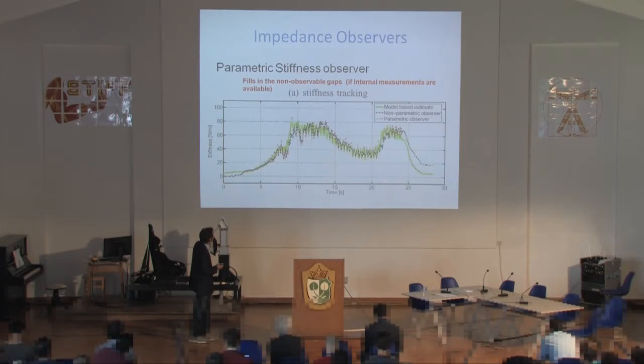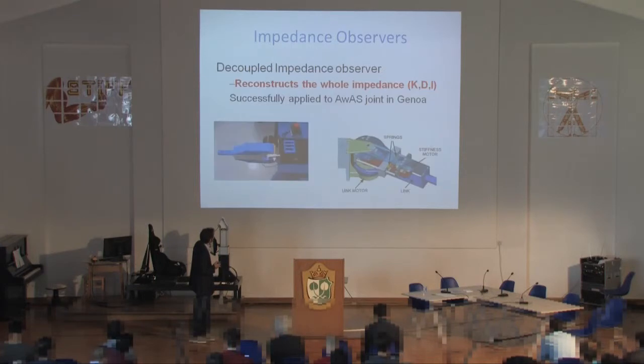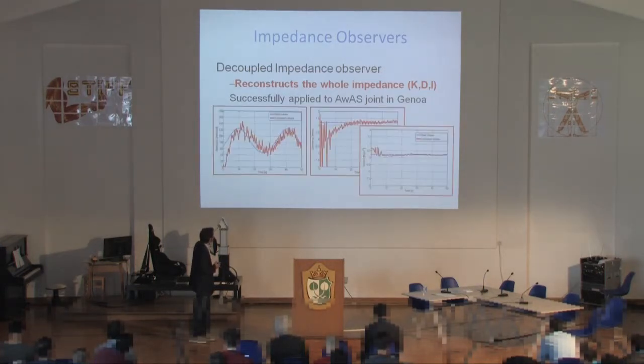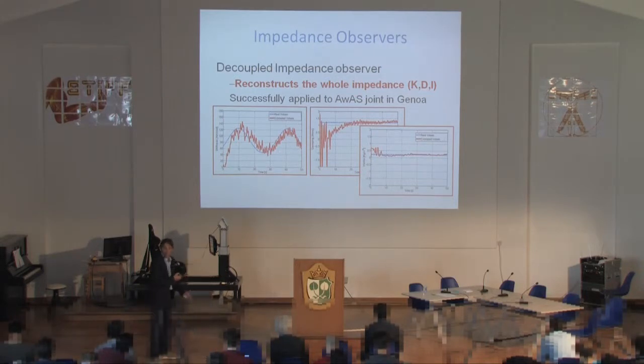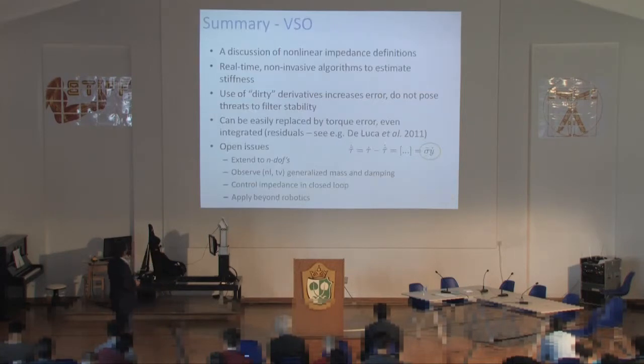And here is a better reconstruction you can see. And if you have stiffness, damping, and mass that all change, you can combine this algorithm with other algorithms and estimate everything, stiffness, damping, and inertia, in real time with no perturbations and no extra sensors.